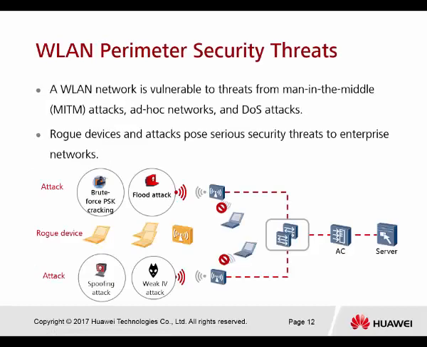The WLAN network is vulnerable to threats from man-in-the-middle attack, ad hoc network, and DoS. The rogue device and attack pose serious security threats to the enterprise network. So all the attacks can come from the downlink right now. Last time the attacks all came from the external, and now the attack can come from the intranet.